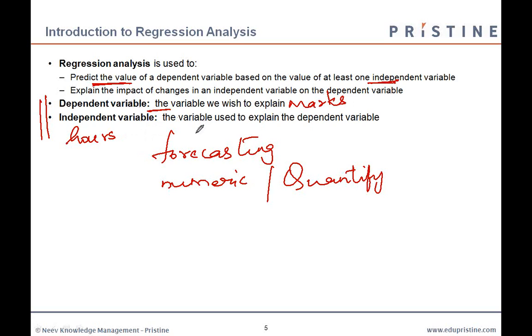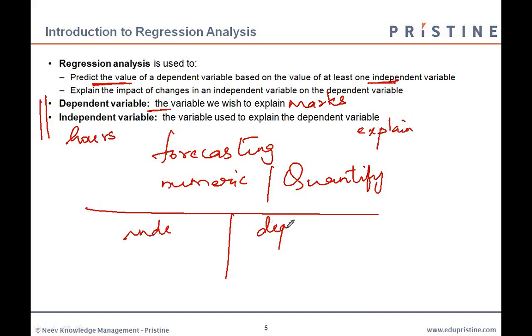There are also other terminologies used which you need to know. Independent variable is also called explaining variable, whereas, so I'll probably write this here, right? So you have independent, you have dependent variable. Another terminology is explaining variable and explained variable. I apologize because my handwriting is really, really bad. I hope you can make out what I'm writing.